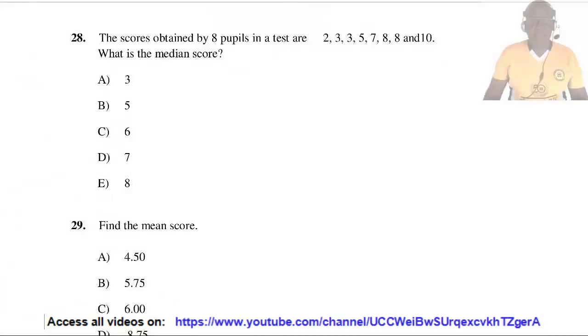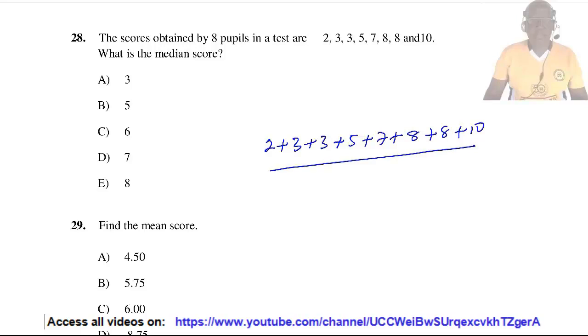Question 29. Find the mean score. The mean score is going to be equal to 2 plus 3 plus 3 plus 5 plus 7 plus 8 plus 8 plus 10 divided by 8. This is 46 divided by 8.